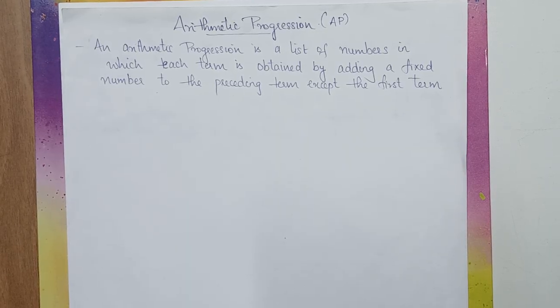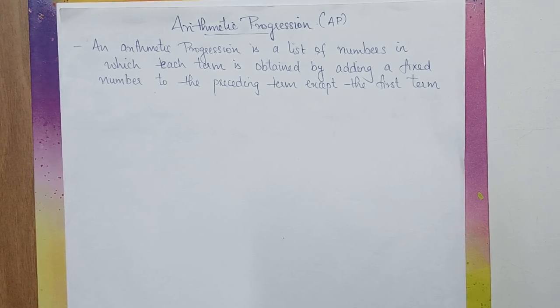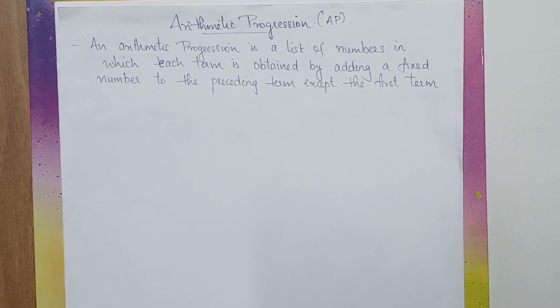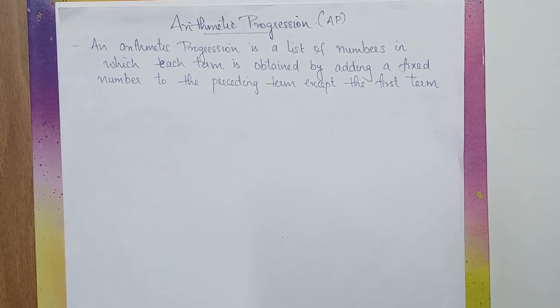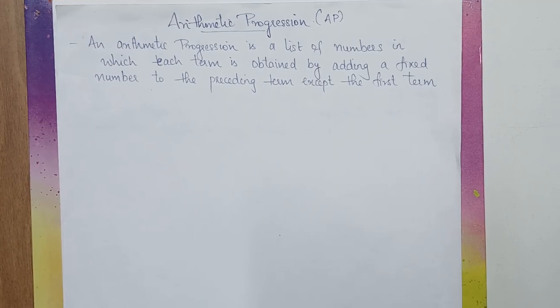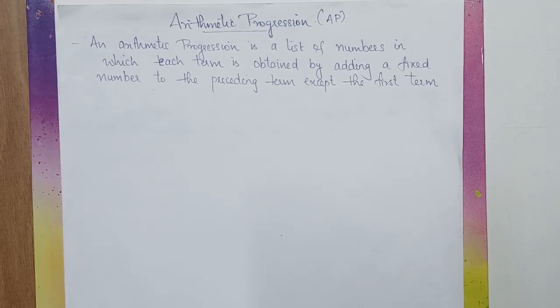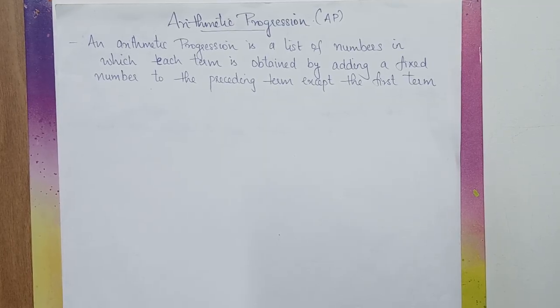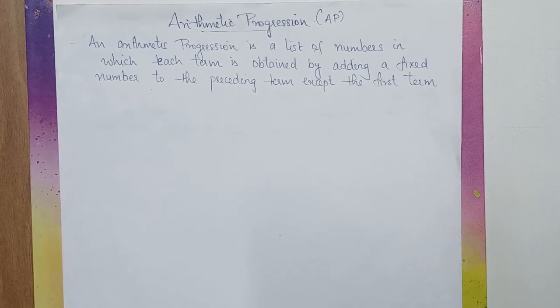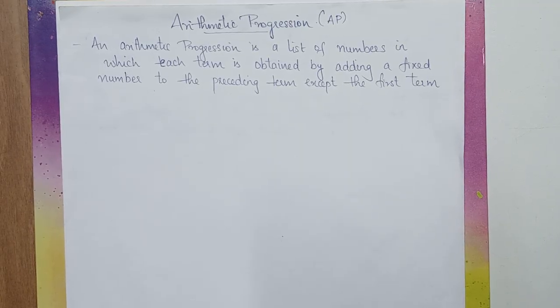Each of the numbers in this list is known as a term of an AP. In the definition itself, we can see that each term is obtained by adding a fixed number to the preceding term except the first term. So these terms represent the numbers of an AP. Now, what is the relationship between the numbers or terms of an AP?